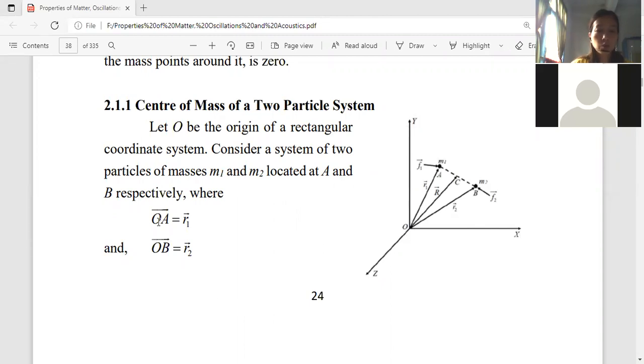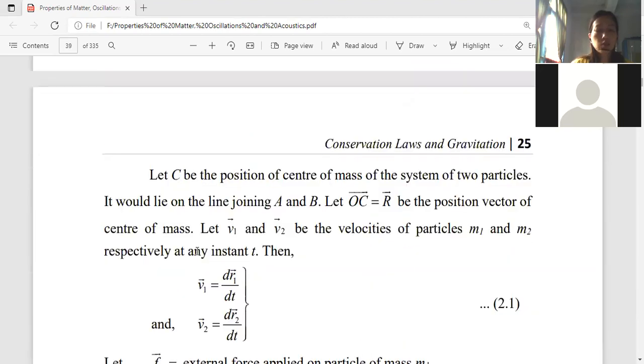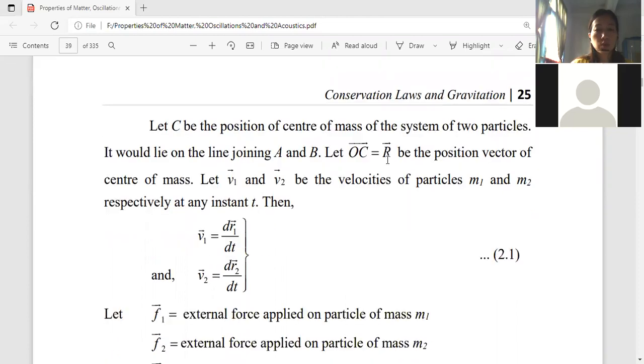So the position vector of OA is R1 and the position vector of OB is R2. So here, C will be the center of mass between point A and point B, and the position vector of OC as per the figure is vector R.